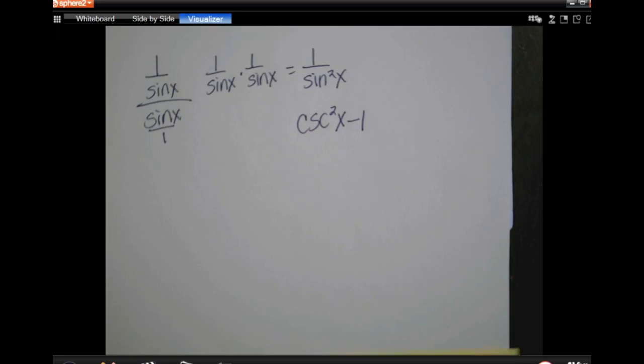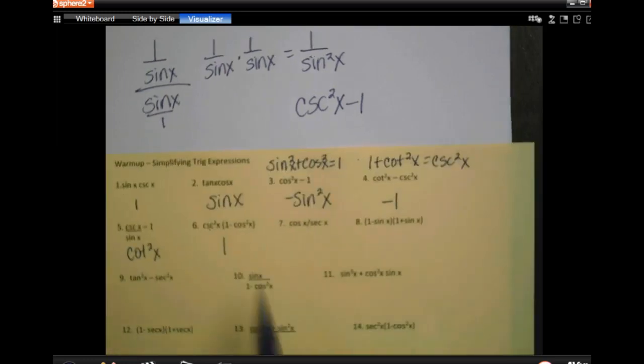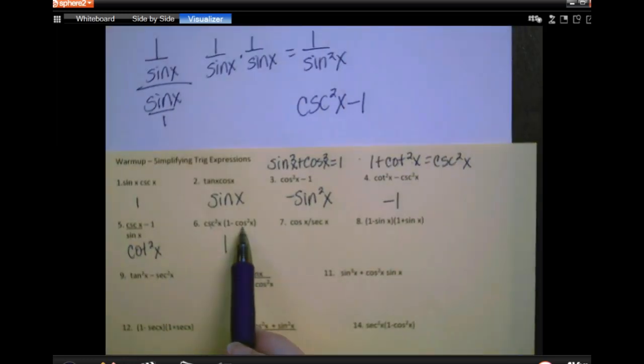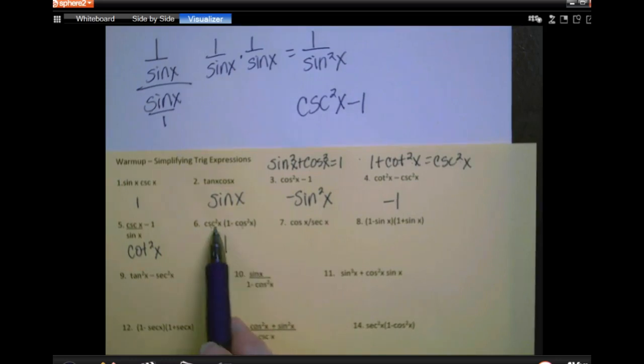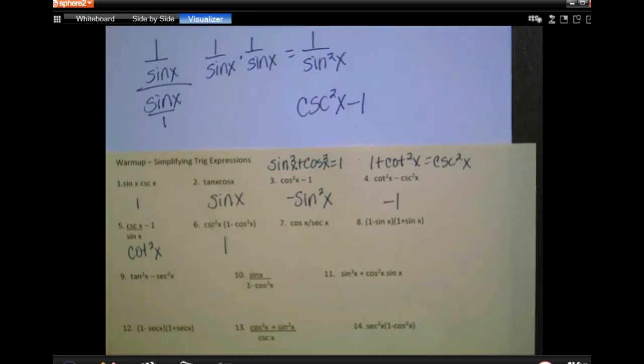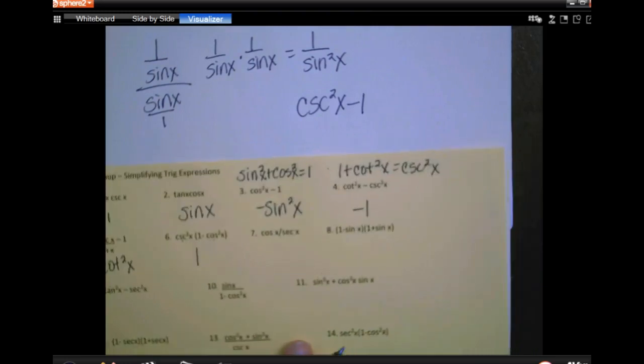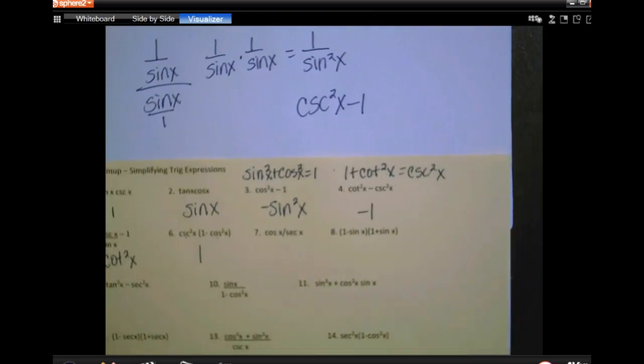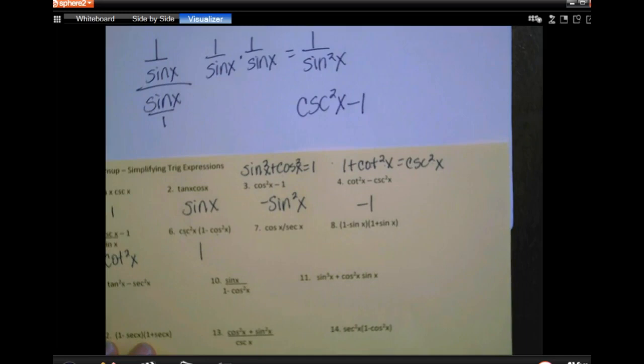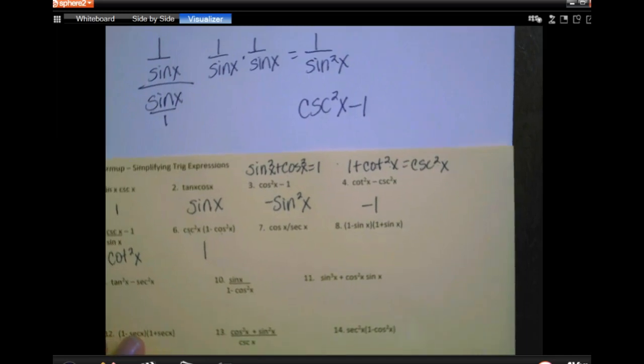All right. So, Marvin, tell me what you don't get. So, this was sine squared. And this is 1 over sine squared. Because they're both squared. They both have to cancel out. All right. Cosine over secant.